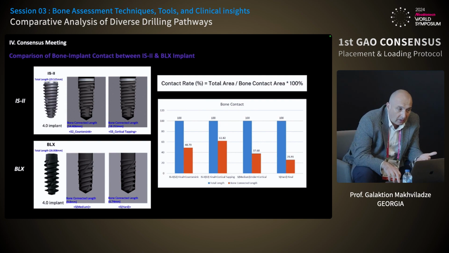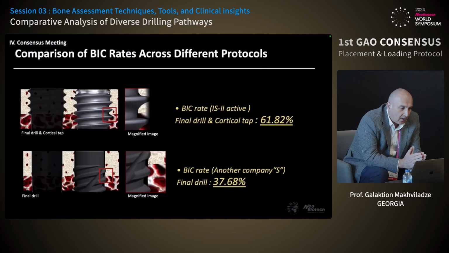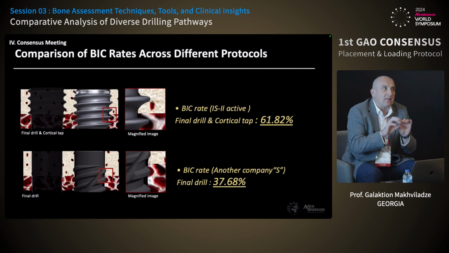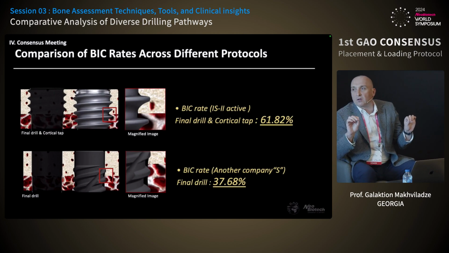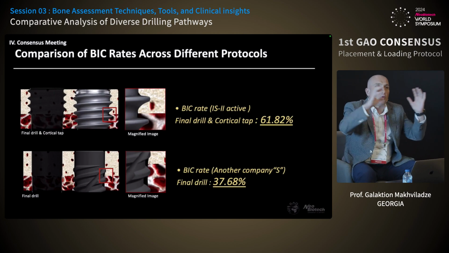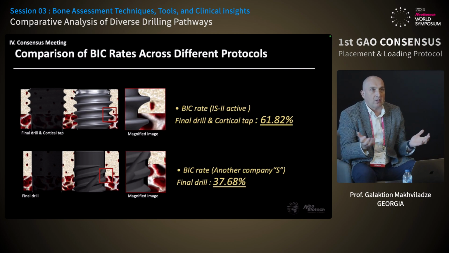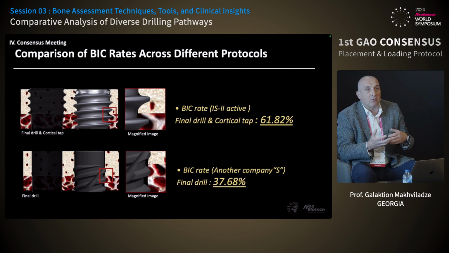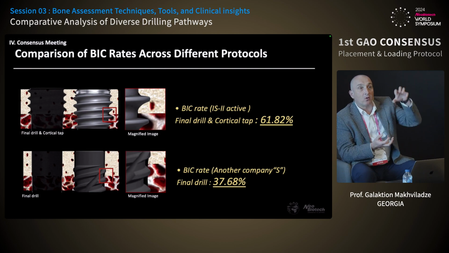Let's look closer at how it looks. We can see that not only the tips are in contact with the cortical bone, but also the full threads are in contact. And so with cortical taping, we can achieve the maximum bone implant contact ratio.